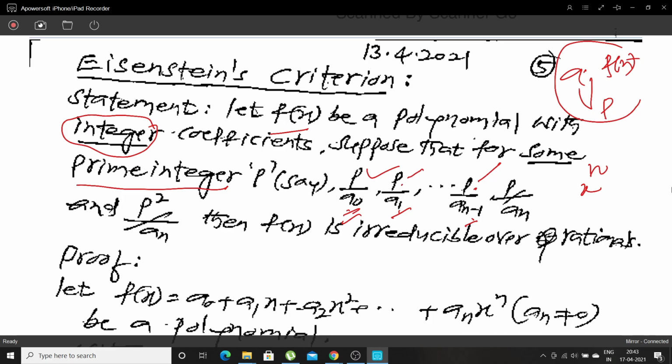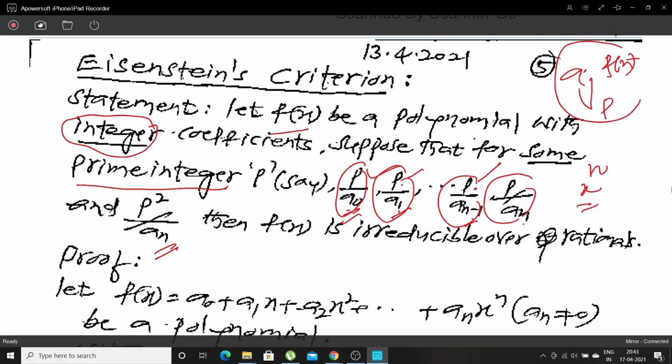Similarly, in the Eisenstein criterion, P divides all the coefficients of f of x except an. Since P does not divide an, that means the coefficient of x to the power n, and p square means the square of the prime integer, p square does not divide an also. Since p does not divide an, therefore p square does not divide an.